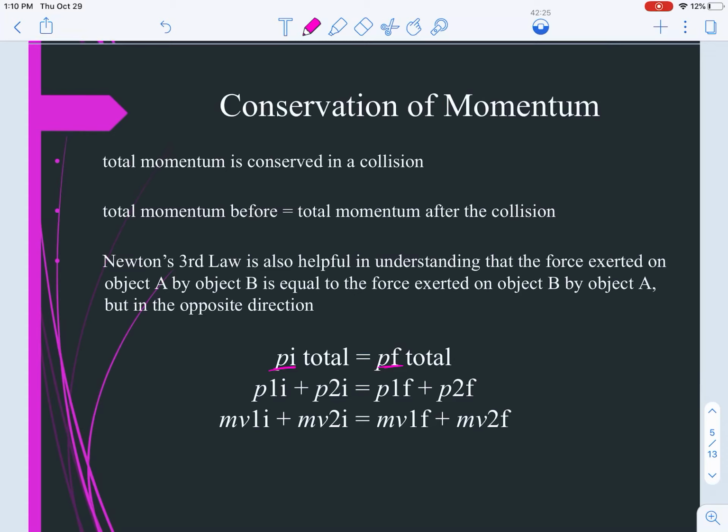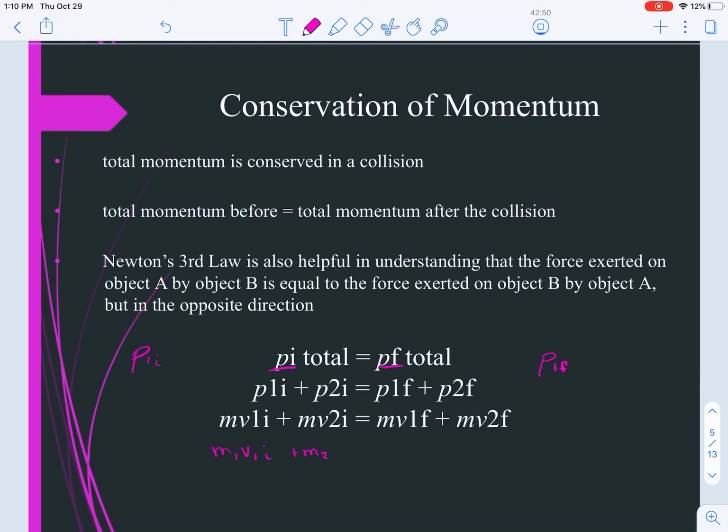I apologize that these subscripts didn't come out correctly. Make sure that you understand that this is p for momentum, lowercase p, 1 for object 1, and a lowercase i for initial. On this side, this would be p1 final. So my 1 and my f are both subscripts here. Same thing for my extended version here.